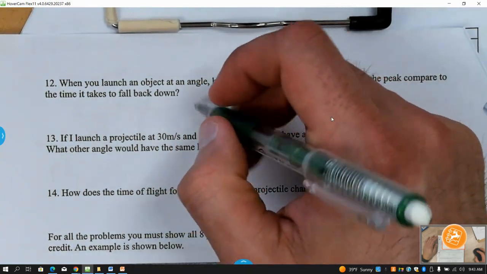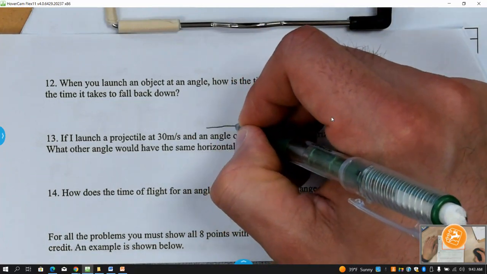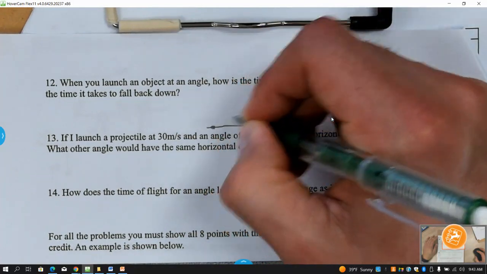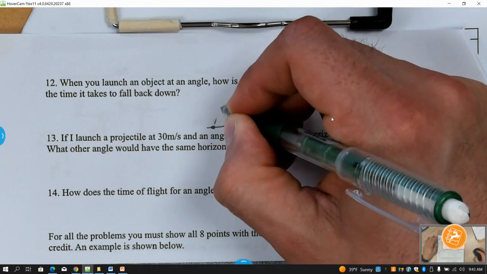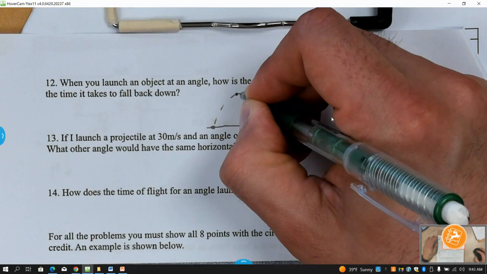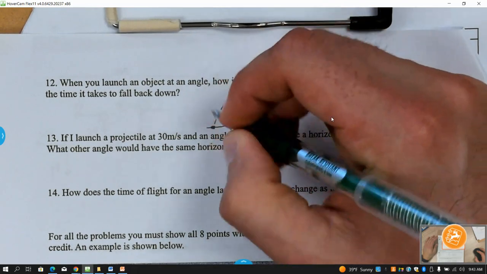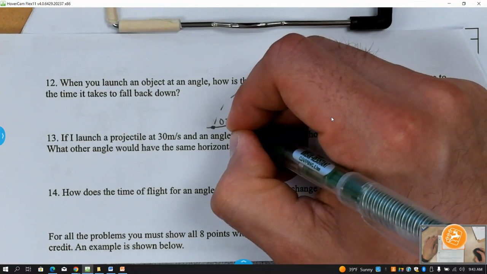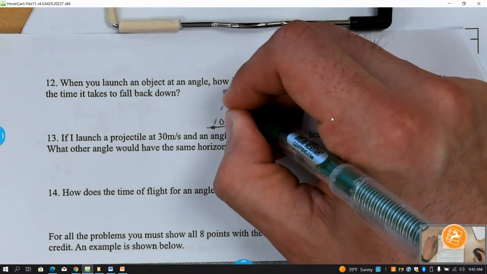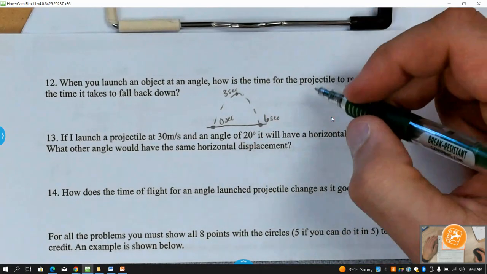So assuming we're on a flat surface, not from a cliff, let's say it takes 1, 2, 3 seconds to reach the top, and then 4, 5, 6 to hit the ground. So 0 seconds, 3 seconds, 6 seconds.